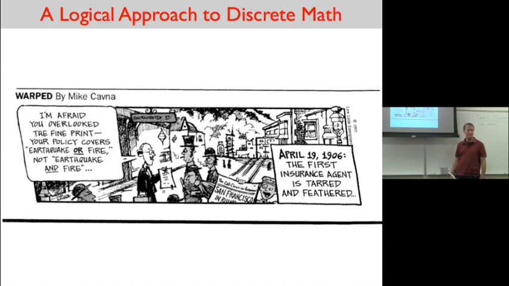So here are these citizens of San Francisco, and an insurance agent saying, I'm afraid you overlooked the fine print. Your policy covers earthquake or fire, not earthquake and fire.